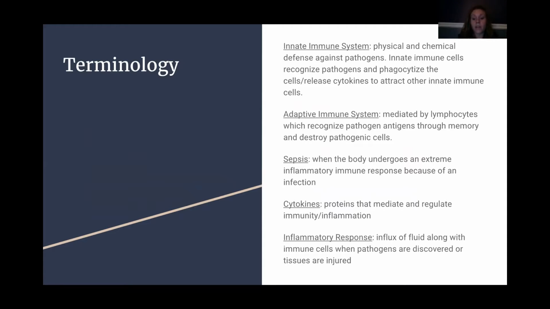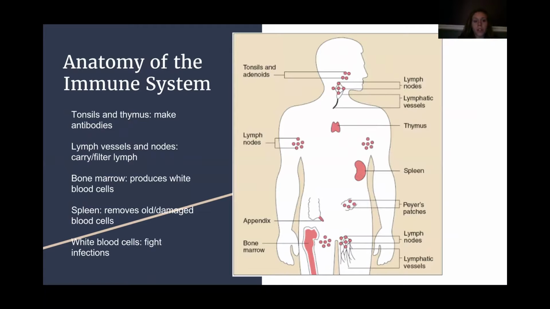They act as communication cells, and so when an infection occurs, they signal other immune cells to influx that area of the body in order for an immune response to take place. An inflammatory response is an influx of fluid along with the immune cells when pathogens are discovered or tissues are injured. So here's a picture of the anatomy of the immune system.